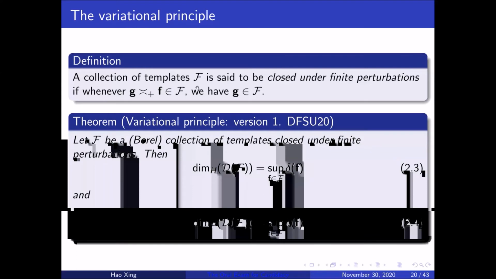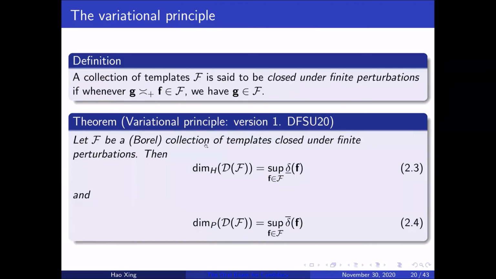So this is the first version of the variational principle given in this paper. Let F be a collection of templates. Now, you remember that the templates are always piecewise linear. Each component of a template is always piecewise linear. So those maps are always programmable.